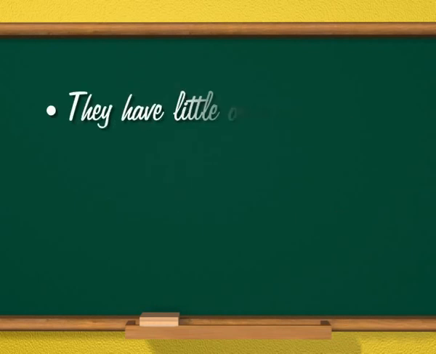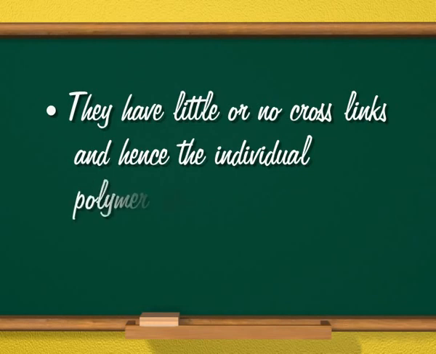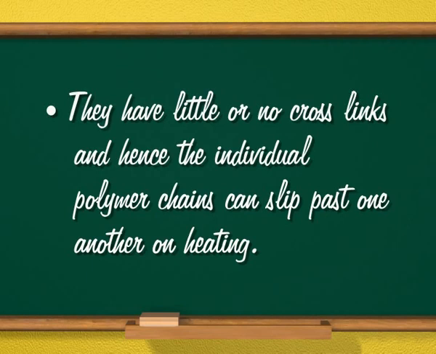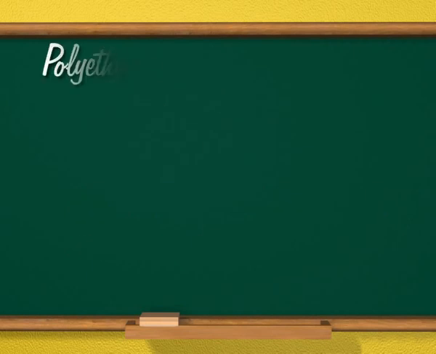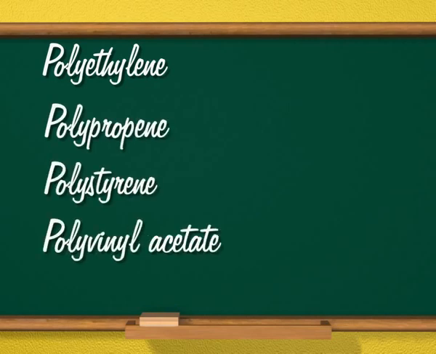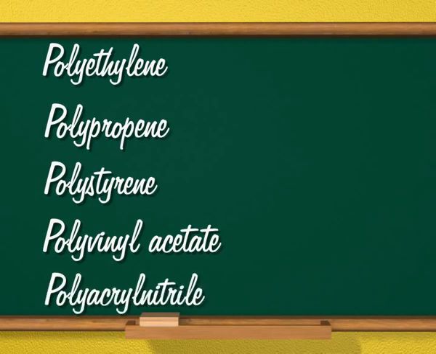They have little or no cross links and hence the individual polymer chains can slip past one another on heating. A few common examples of thermoplastics are polyethylene, polypropylene, polystyrene, polyvinyl acetate, polyacrylonitrile, etc.